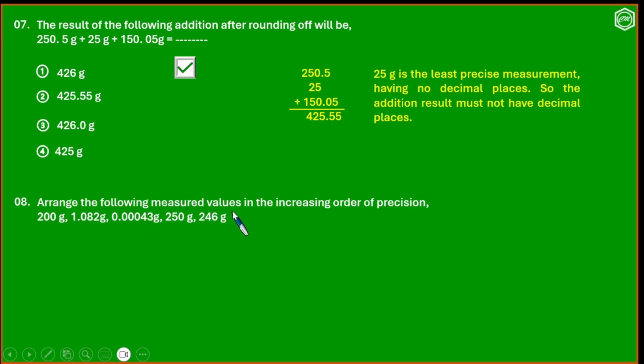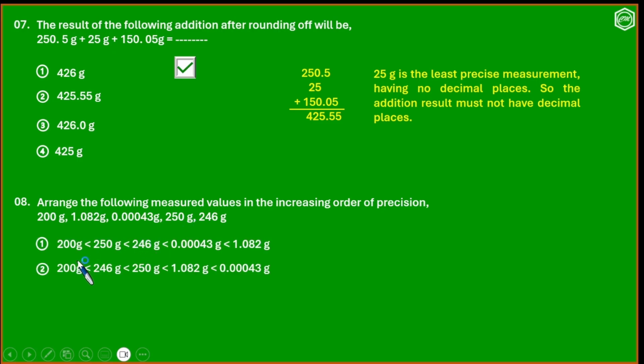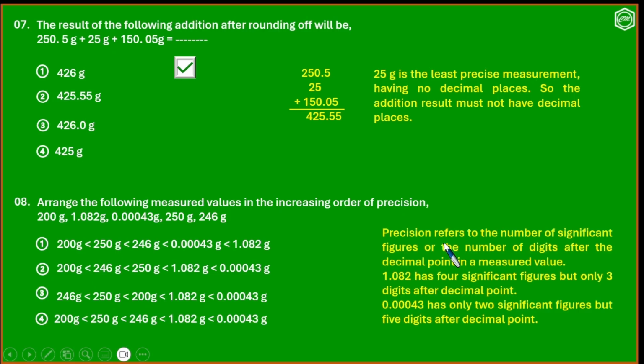Question 8. Arrange the following measured values in the increasing order of precision. 200 gram, 1.082, 0.0043, 250 gram, 246 gram. Option 1, option 2, and option 4. The precision refers to the number of significant figures or the number of digits after the decimal point in a measured value. 1.082 has 4 significant figures but only 3 digits after the decimal point.